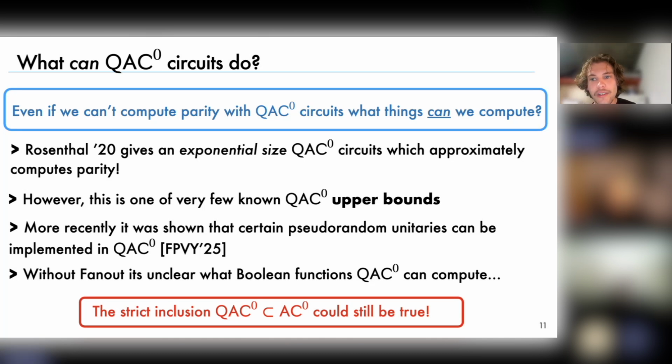This usually doesn't happen in complexity. You put a Q in front of the name of a complexity class, and it should be at least as strong as the classical thing. But at least in this case, it could still be that QAC0 is strictly less powerful than AC0 for Boolean functions. And this arises from this fan-out issue.